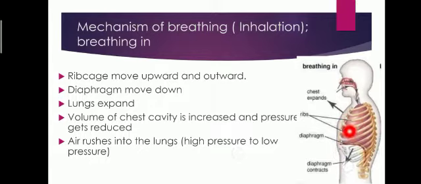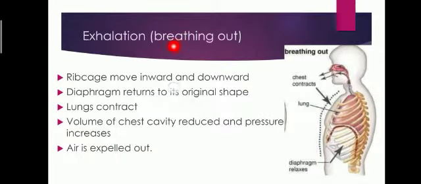So what happens? Air from the outside moves inside the body. So this is the mechanism of inhalation. First we'll be seeing the action of the rib cage, then the action of the diaphragm, then the lungs, then the volume of the chest cavity that increases and the air rushes into the lungs.